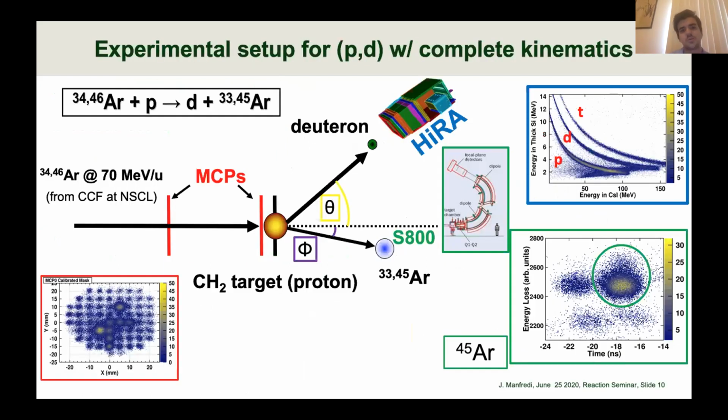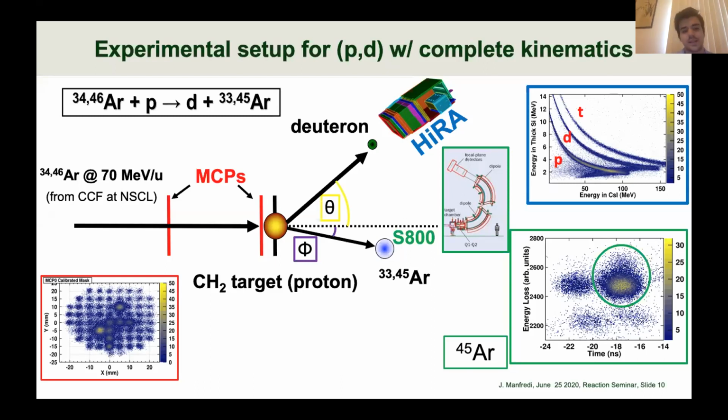This is a cartoon of our experimental setup, which took place at the National Superconducting Cyclotron Lab. We measured both argon-34 and argon-46 (p,d) at 70 MeV per nucleon. There were three main detector systems that we used. The microchannel plates, or MCPs, were placed upstream from the target and allowed us to track the beam before it hit the target.